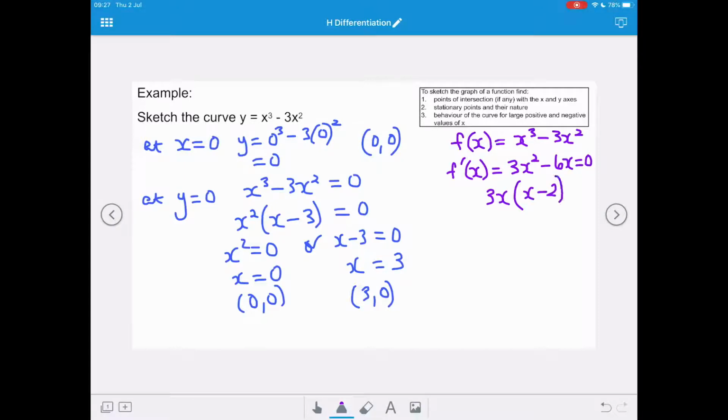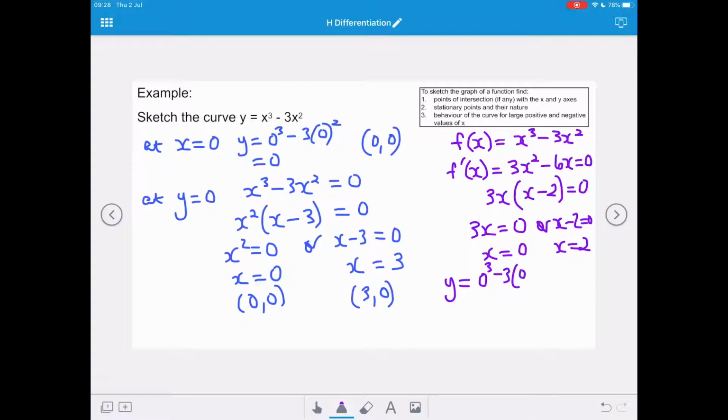Then we're going to take out a common factor of 3x, and we're going to equate the 3x to 0, giving us a point of 0, and x minus 2 is going to equal 0, giving us a value of x of 2.